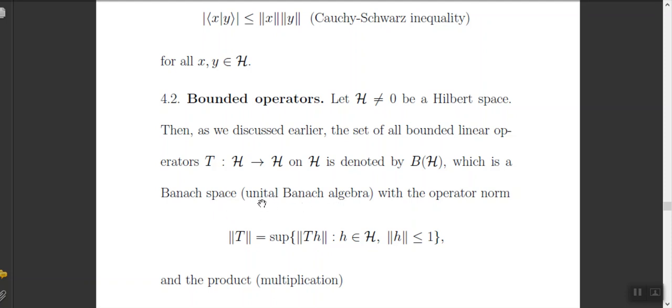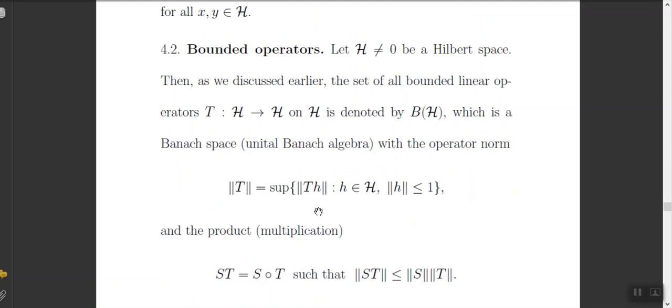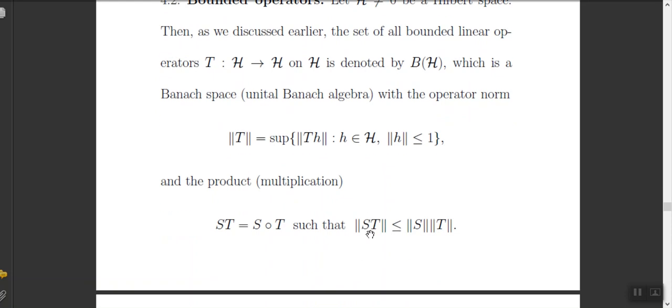When we say unital Banach algebra, we said that the product, or the multiplication, is given by composition, which has a unit element, or identity element, and the identity element is the identity operator. And the product, which is given by composition, satisfies this inequality: the norm of ST is less than or equal to the norm of S times the norm of T, which is called submultiplicativity.